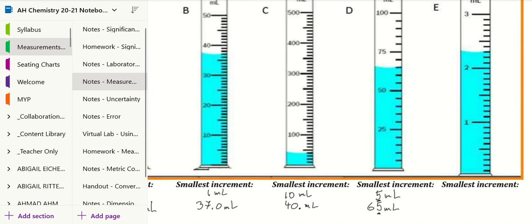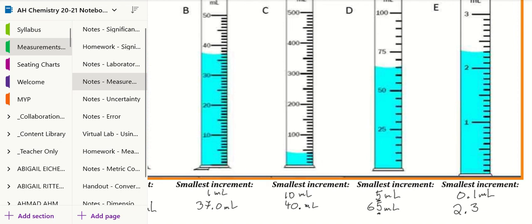Good. And the last one, what's the smallest increment? 0.1, finally. So 0.1 milliliters. So what can we read? 2.3. Those are our known digits. And then what do we need? An estimated digit.